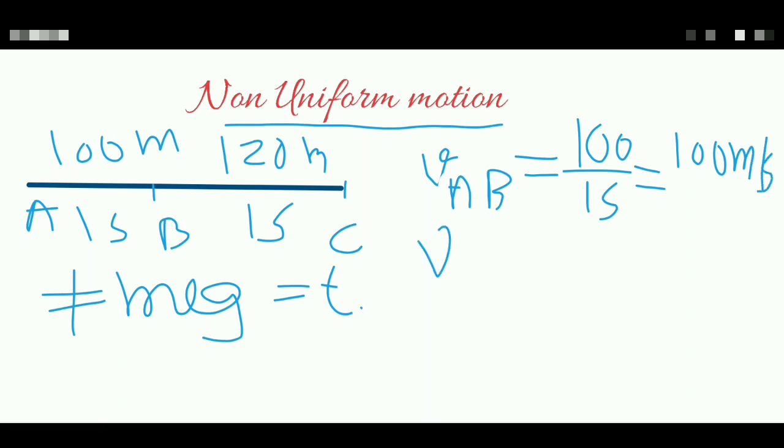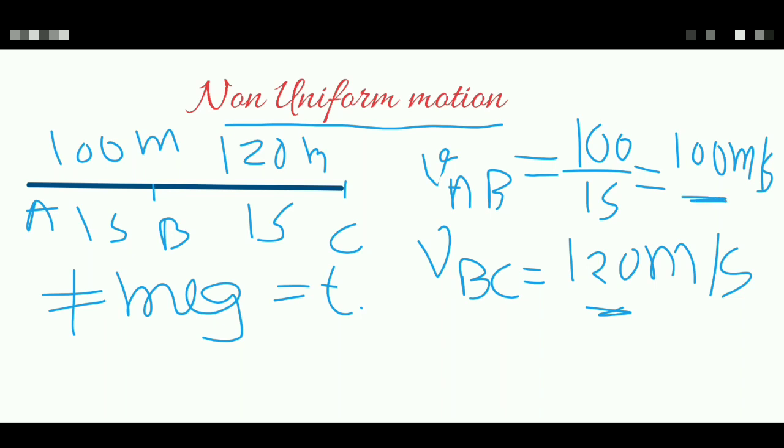Similarly, the velocity of cross section BC is equal to 120 meters per second. So what can you say about the velocity in non-uniform motion? We can say if an object moves with non-uniform motion, the object's velocity varies, or there is a change of velocity.